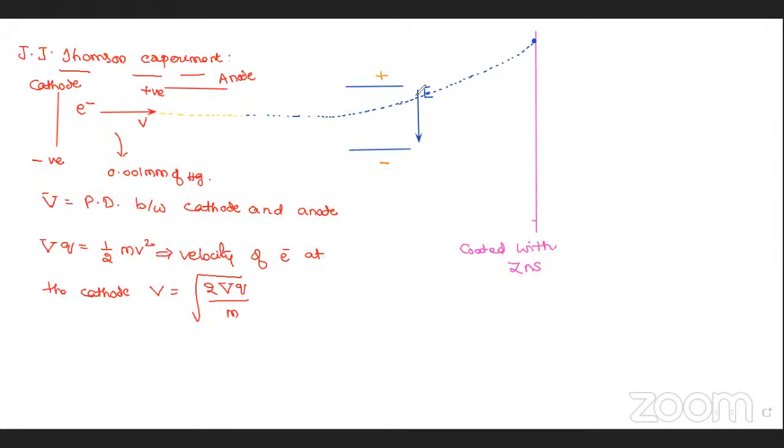Here it is deviated up, which means there will be some upward force on the electron here in between the two electrodes because of the electric field.